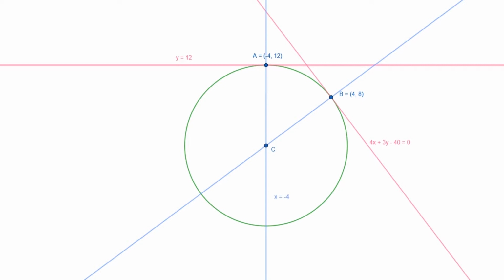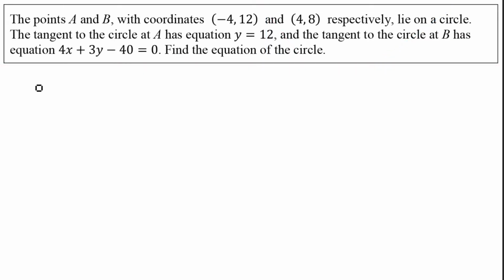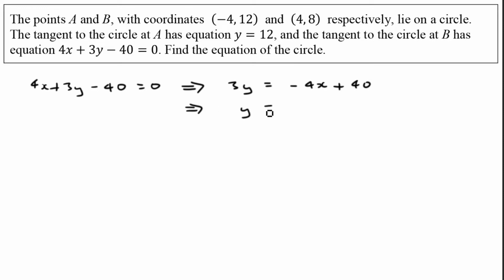We now have to work on the perpendicular to the tangent at B. So the tangent at B is 4x plus 3y subtract 40 is 0. If we rearrange that into the form 3y is -4x plus 40, and if we then divide by 3, we'll have that y is -4/3 x plus 40/3.